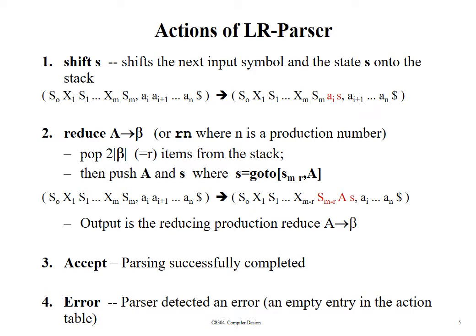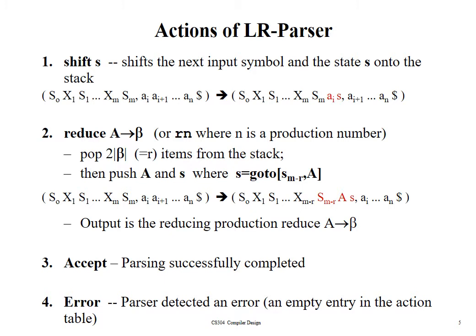Here, on seeing a reduce action, we have to pop 2 times the number of symbols on the right hand side of the given production from the stack top initially. That is clear from this generalized denotation. That is, currently SM is on the stack top, AI is the input symbol pointed by the input pointer.